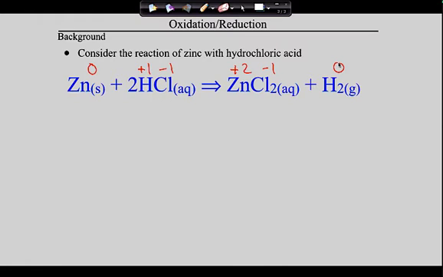Guys, remember the idea that atoms in their elemental forms are understood to have no charge. It's not until zinc reacts with the chlorine that it takes on a charge. We'll talk more about that in a minute, but these are their charges. But again, guys, elements in their elemental form, whether it's diatomic like H2 or zinc on its own, they're understood to have oxidation numbers of 0.